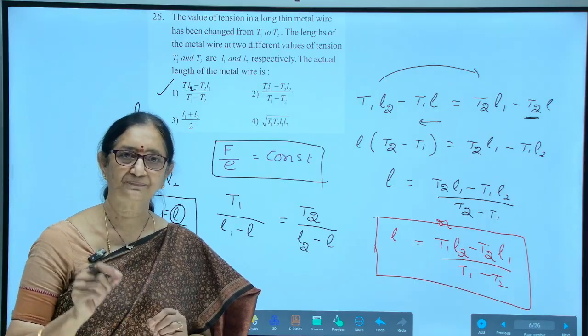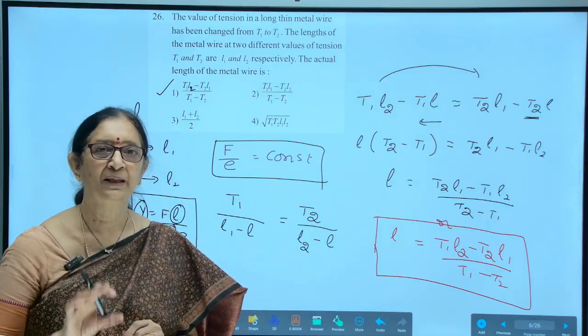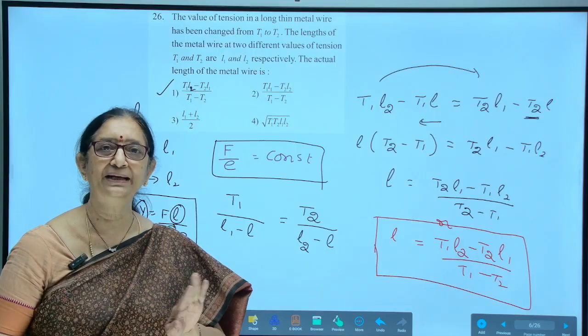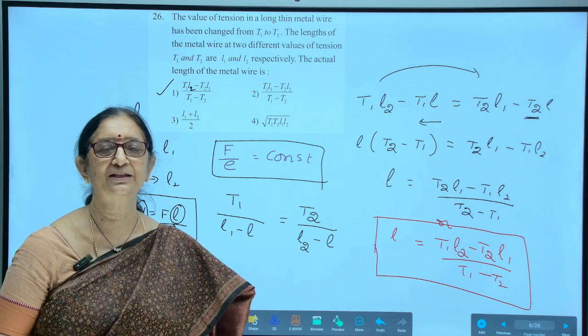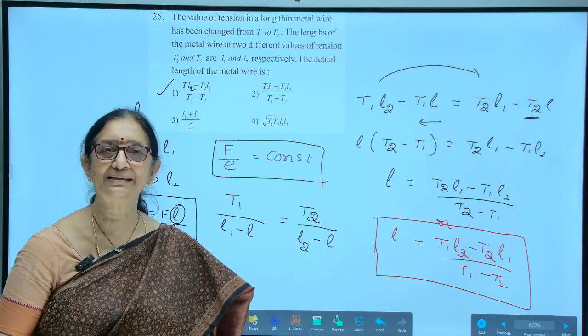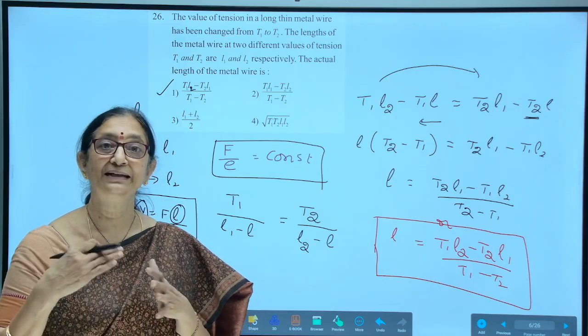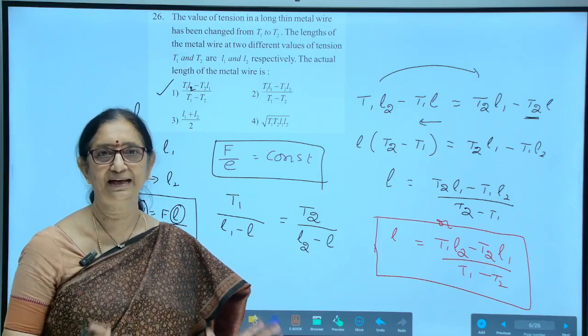So here on the same wire, when tension T1 is applied, its corresponding length is L1. When T2 is the tension, corresponding length is L2. Then what is the natural length of the wire? That is the question.